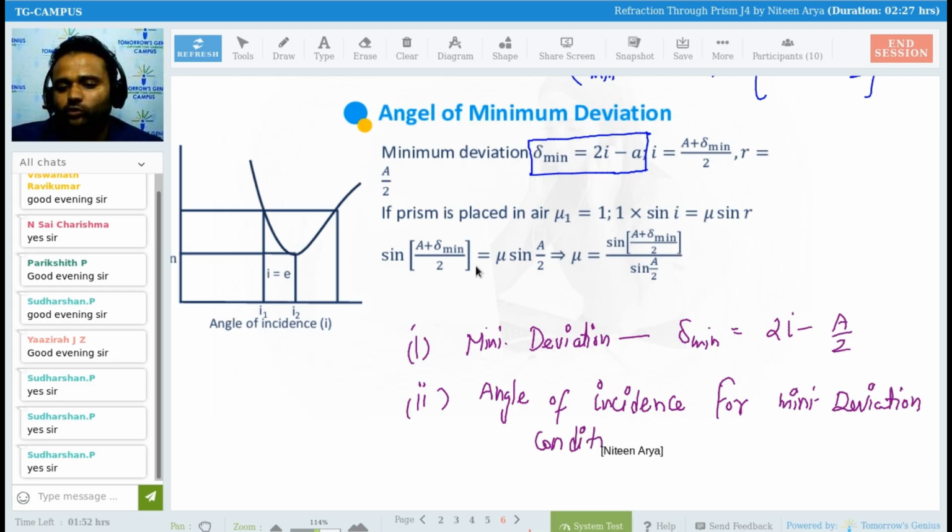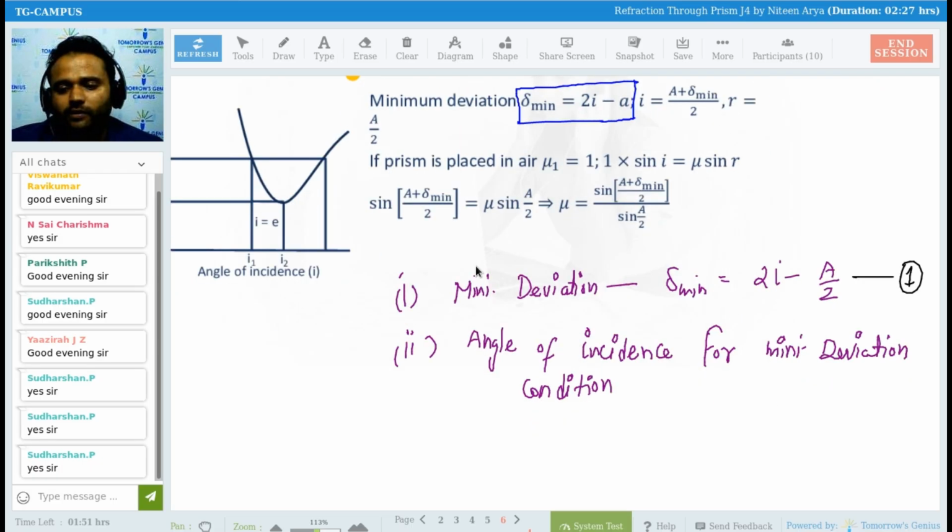So obviously the minimum deviation condition is going to use the upper formula, you can say formula number 1 on this page. Clear? So using this particular formula number 1 on this page, what can we get?